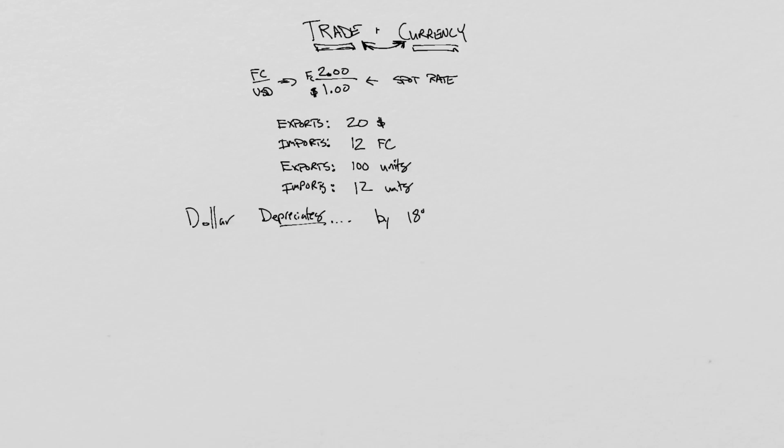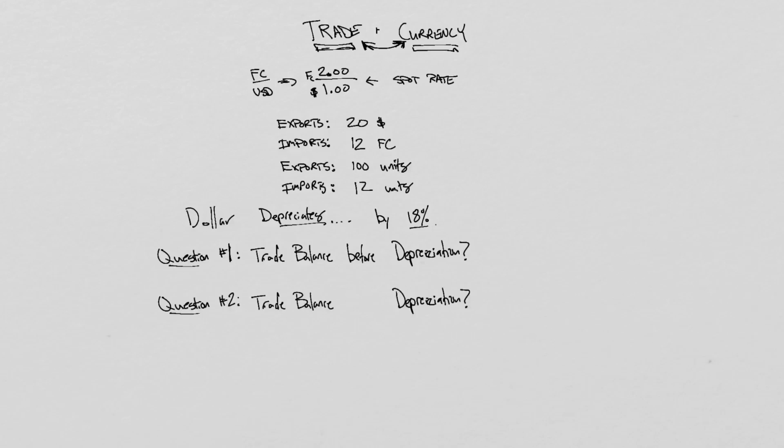So the dollar depreciates by 18%. So I really have 2 questions that I'd like to answer given these numbers. Question number 1 is, what's the trade balance before depreciation? And question number 2 is then, what's the trade balance after depreciation, after the currency changes?